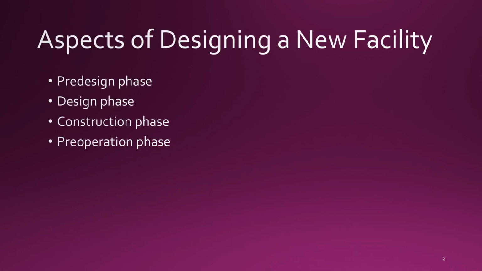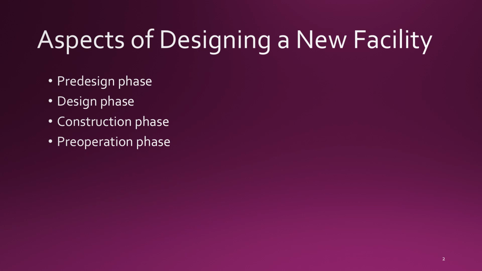So in terms of designing a new facility, there are 4 phases that we are going to look at in a little more detail. One being the pre-design phase, and what are you going to do to get yourself ready to develop a strength and conditioning design. Then the design phase, where you'll be working with an architect and several other professionals to make sure you're designing an adequate facility depending on the needs.